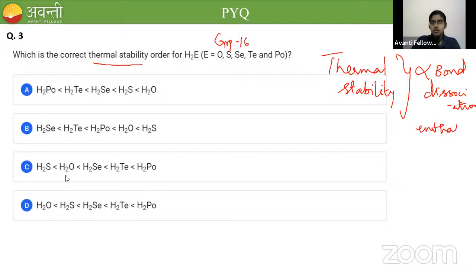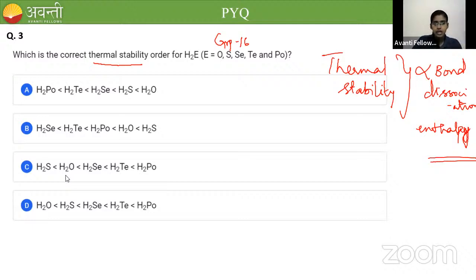If the bond dissociation energy is very high, then the particular molecule is more thermally stable. Now we have to find out the molecule which has very high bond dissociation energy. What is bond dissociation energy? The energy required to break the bond is called bond dissociation energy.